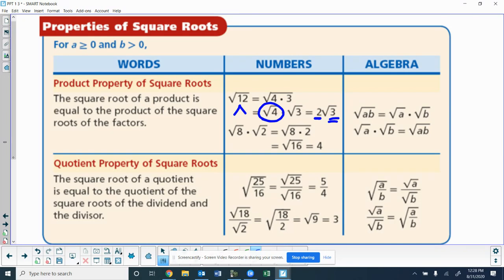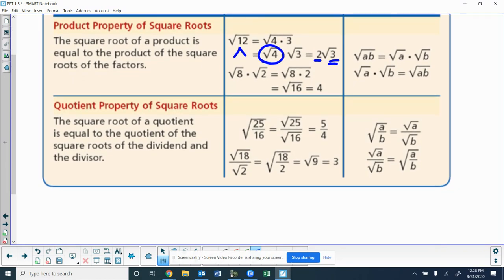Same thing goes with quotient or division. This one's easy because these are already both perfect squares. The square root of 25 is 5, the square root of 16 is 4. Sometimes you'll want to write it like this. Sometimes you might want to split it up. You can go interchange, whatever seems easier for you.